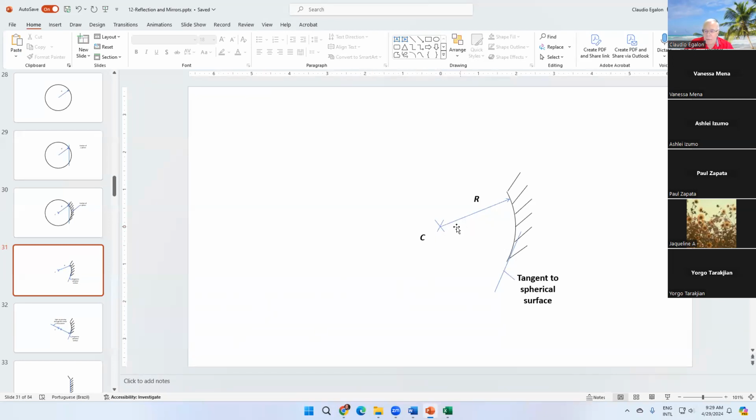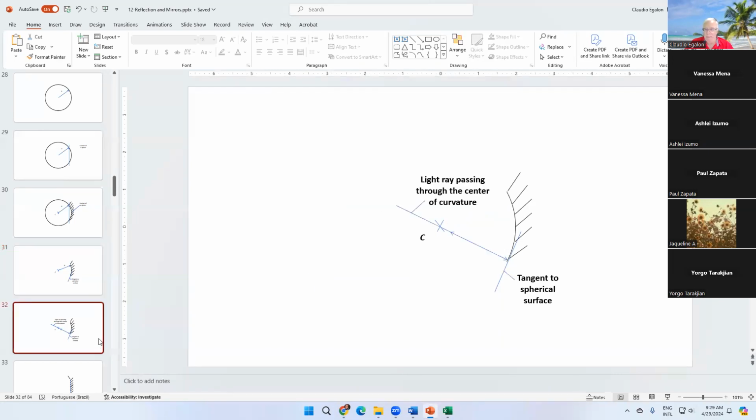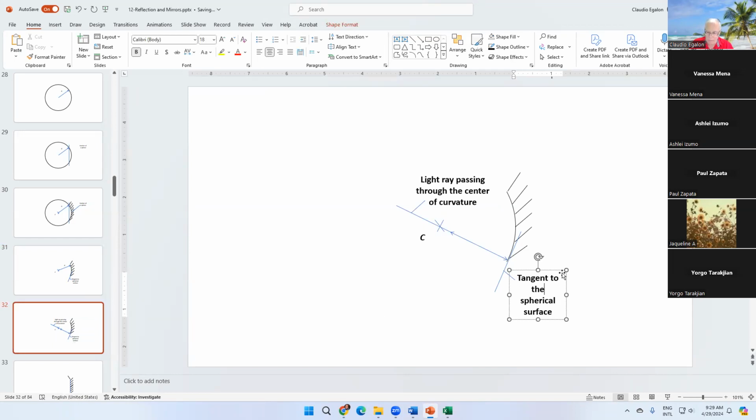If you have a light ray passing through the center of curvature of the mirror, it's going to reflect on itself. Can you picture that? Same thing here, right? Exactly what I said. A light ray passing through the center of the mirror is going to reflect on itself. Angle of incidence is going to be 0 degrees. Angle of reflection is going to be 0 degrees as well. Tangent to the spherical surface.